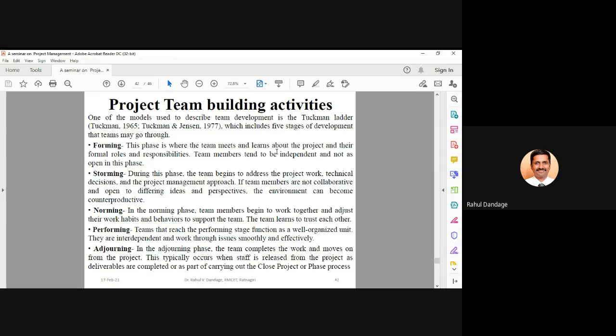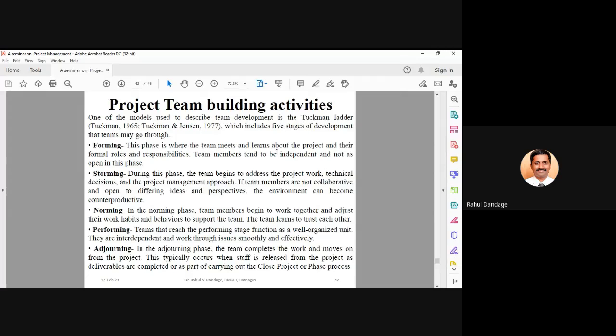People from various backgrounds, various departments, maybe sometimes various organizations, will come together and meet each other. They will try to learn what the project is, what the objectives are, who the project manager is, who the stakeholders are, and who the expected customers are. Likewise, they will try to learn the brief information with respect to the project.